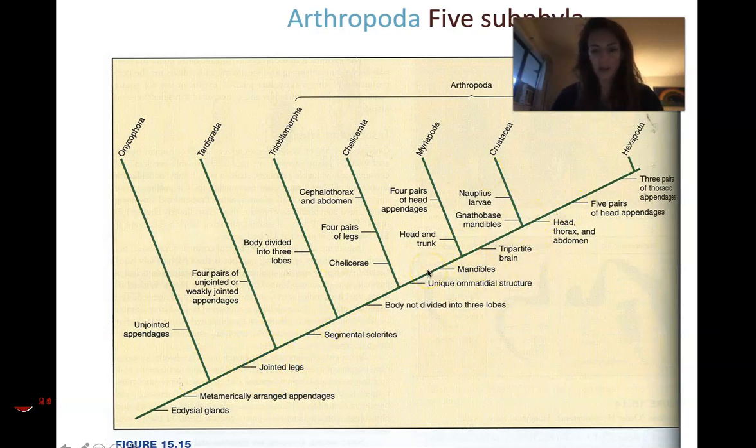So we'll talk about that coming up. But what you'll note about all these groups is that one of the traits here at the bottom of this tree is these ecdysial glands, which are for ecdysis, which again is going to be that molting. So we saw them molting in tardigrades in lab. We saw molting in arthropods as well.